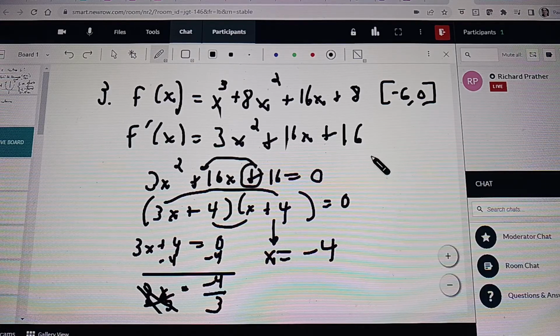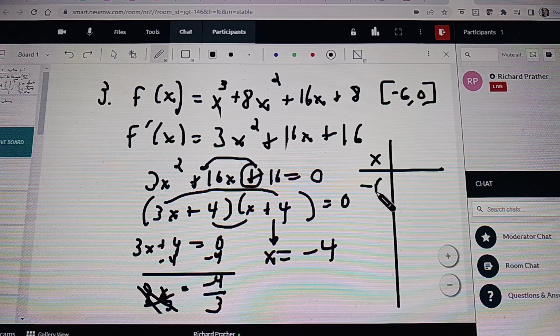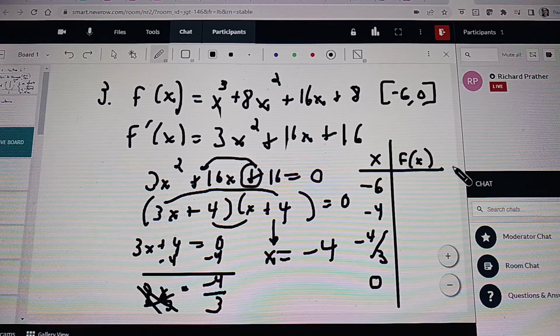So you're basically just going to make a chart here. Put the two endpoints and any critical numbers in between, whether there's none or 1 or 2 or a whole bunch. So -4 and -4/3. And all you have to do is plug them back into the original function, not the derivative, but the original function.